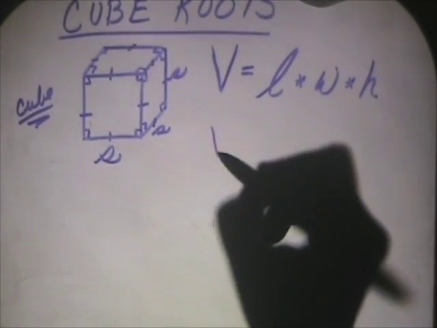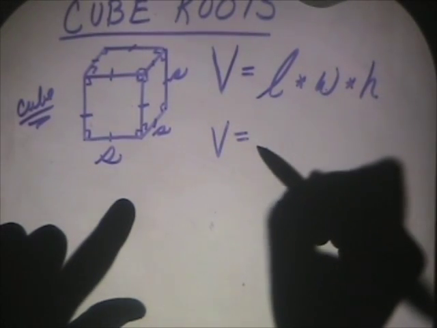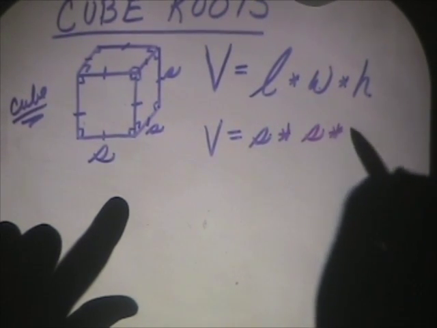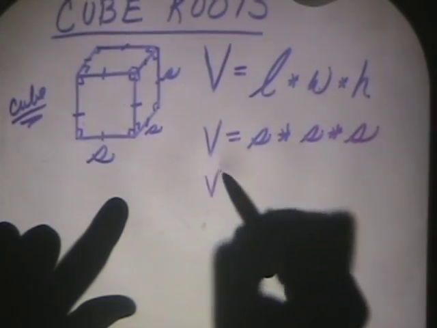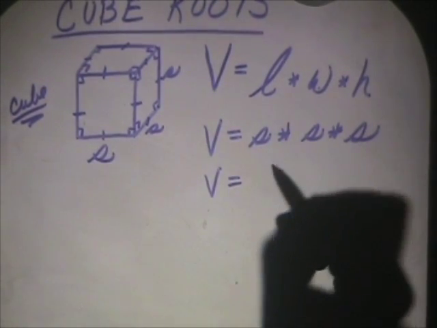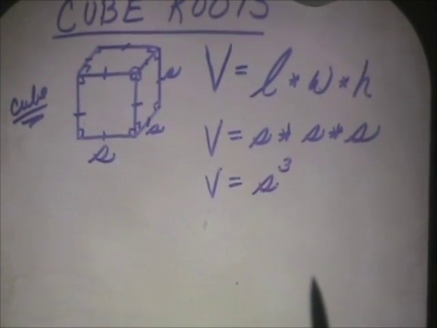Well, by George, if I substitute in these S's for the length, the width, and the height, I'm going to have S times S times S. All right, now you can give this to me as an exponent. Nick? S cubed. Yes, it's S cubed, or S to the third power.